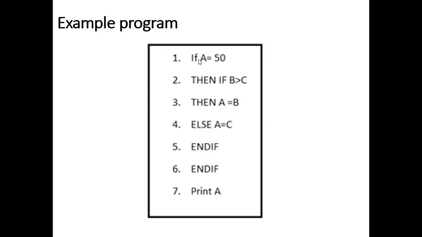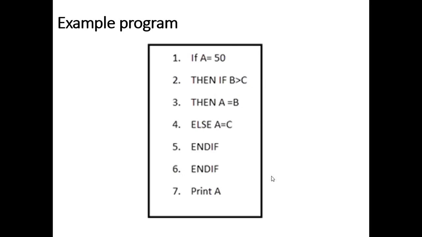If A equals 50, then if B is greater than C, then A equals B, else A equals C, end if, print A. You can see we have an if statement, then an else, and then we print A.